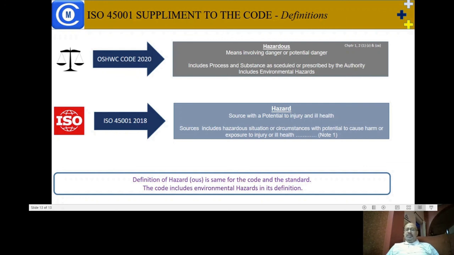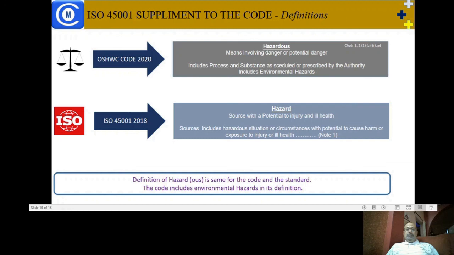The code includes environmental hazards in the definition. In ISO 45001, it is not so prominent about environmental hazards because it is being addressed by ISO 14001. But now it is becoming legal, so organizations will have to think of implementing ISO 14001 also.